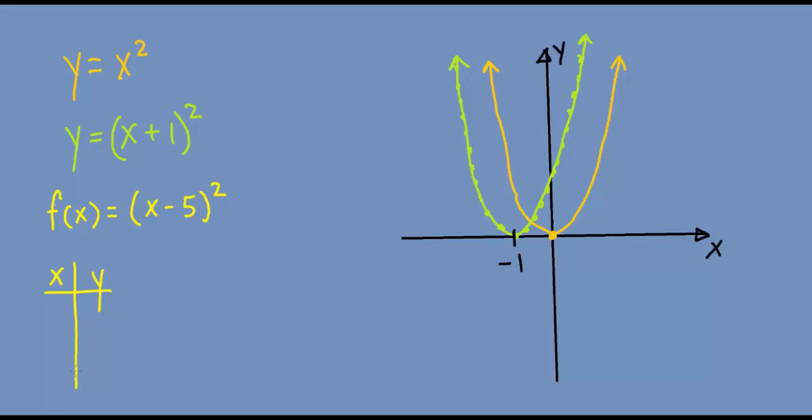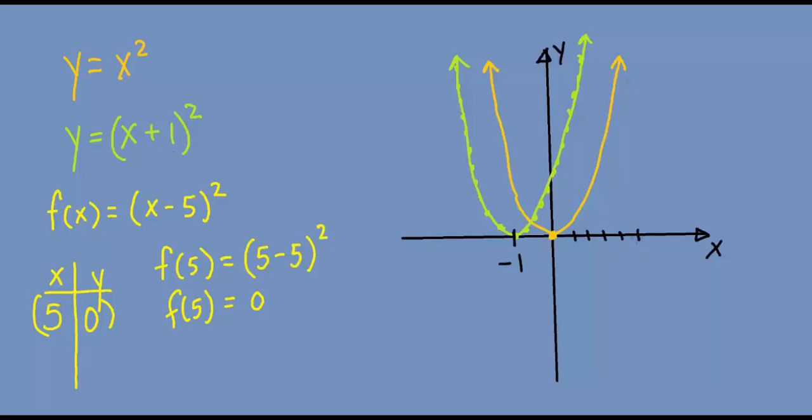I'm going to put in a 5 for x. So that means f of 5. F of 5 is 0. So notice when x is 5, y is 0. That's a point, right? 5, 0. 1, 2, 3, 4, 5. That's going to be a point.